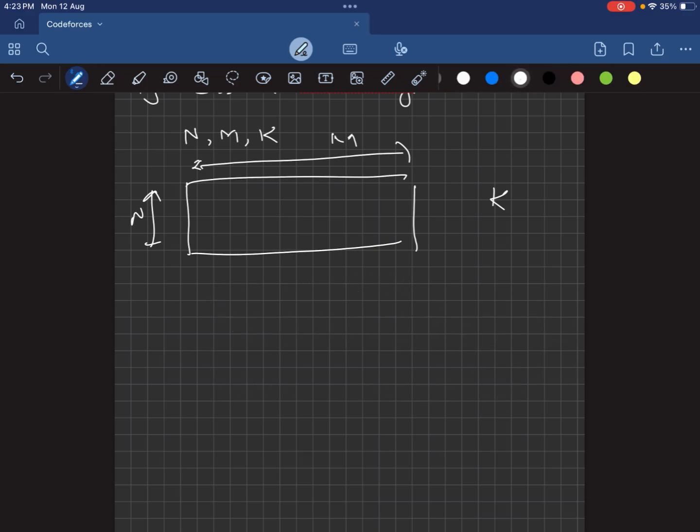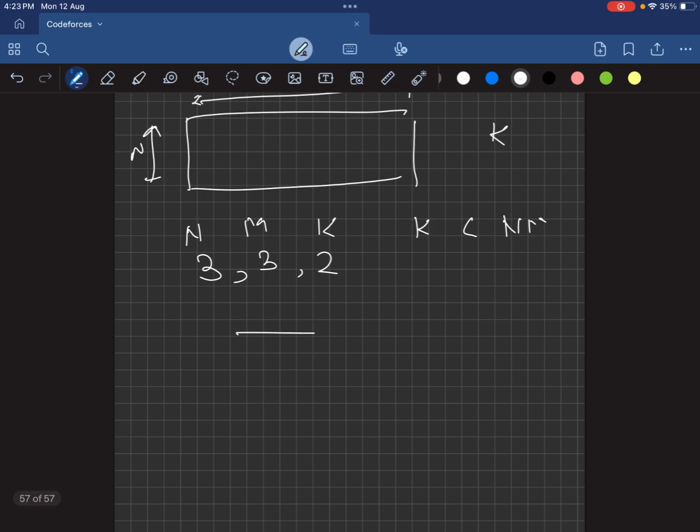Okay, so how do we solve this? Suppose our k is smaller than both n and m. We'll take an example given in the question: 3, 3 and 2, where n is 3, m is 3, and k is 2. So we'll have a 3 cross 3 grid. How do we go about coloring the grid?